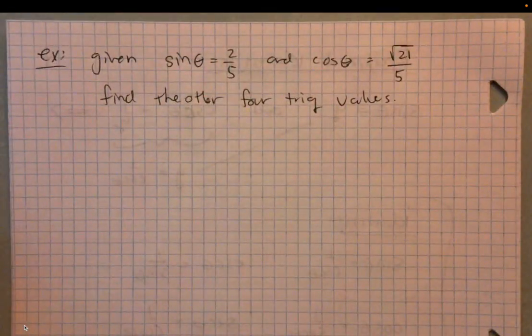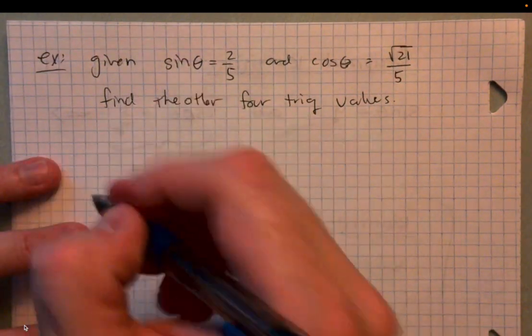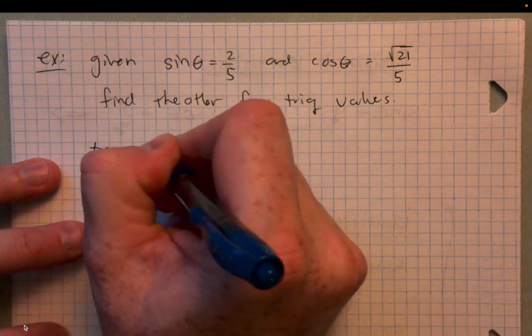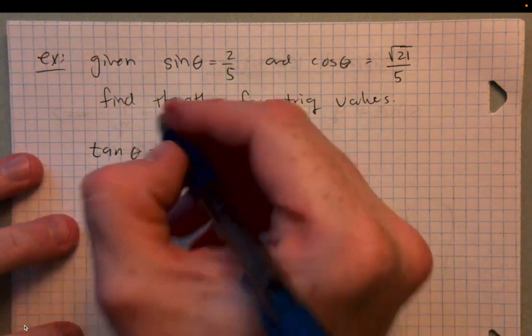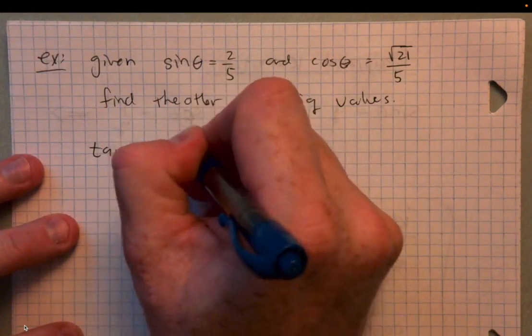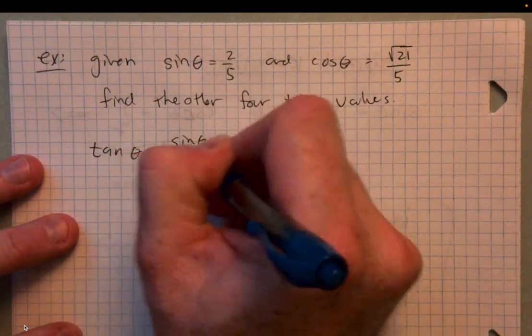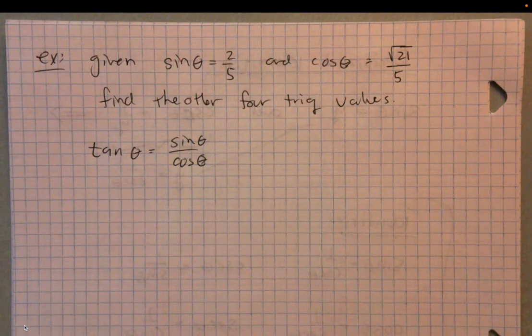Okay, so let's start. We're given the sine and we're given the cosine, so the tangent can be found by using the quotient identity. We know the tangent is equal to the sine over the cosine. That's the quotient identity.